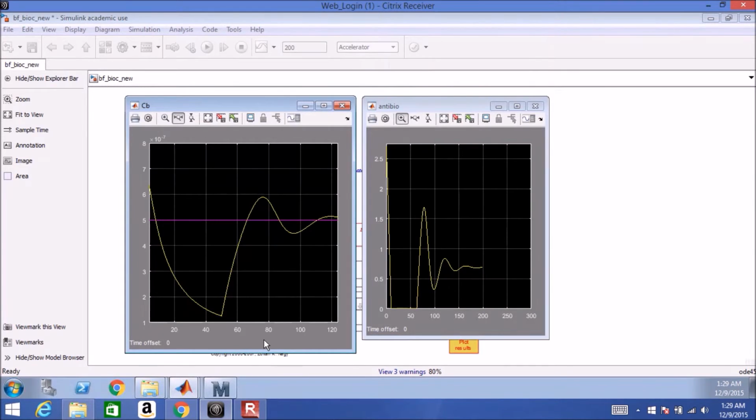So one of the bugs that we found in our controller was that we had forgotten to turn on our anti-windup. So what was happening is when our concentration of bacteria in the CSTR was below our threshold limit, it was accumulating a negative term. So that when the concentration of bacteria eventually did go above our threshold limit, it took the controller a while to respond to that increase because it had spent such a long time below it.